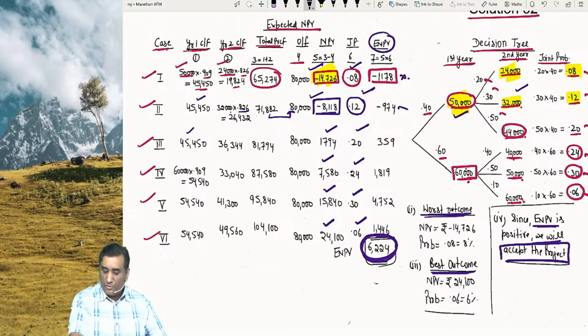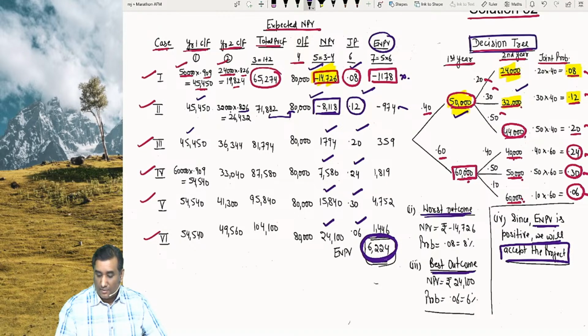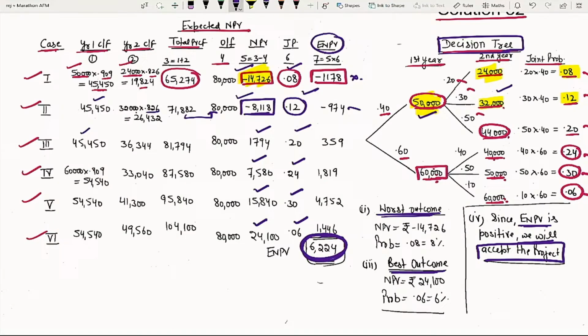Examination says decision tree, you write decision tree, otherwise it's a probability tree. Quickly look at the numbers if you want.